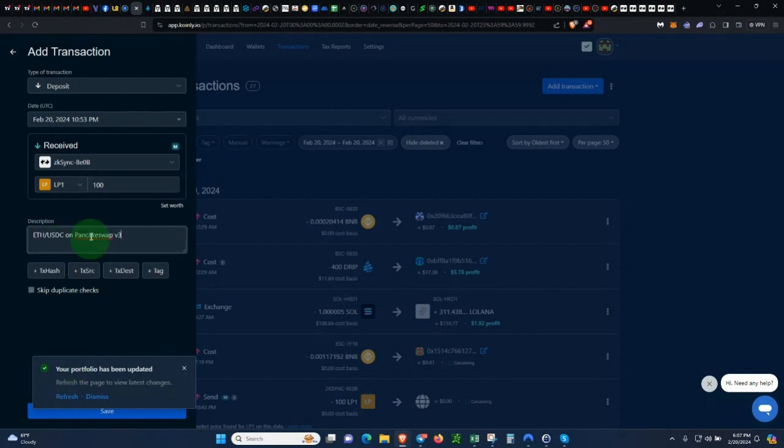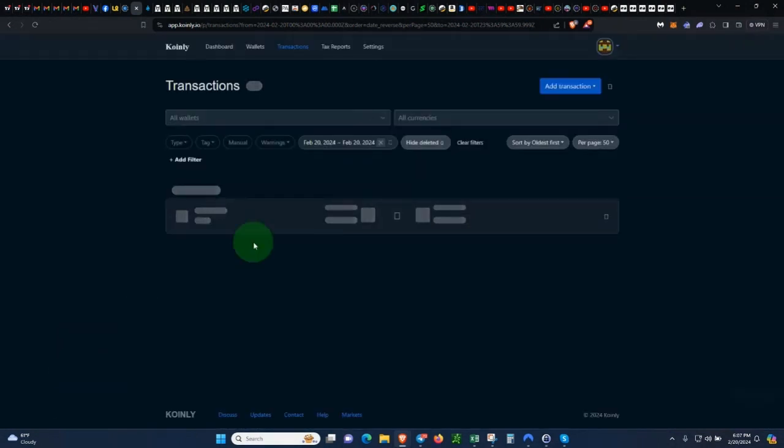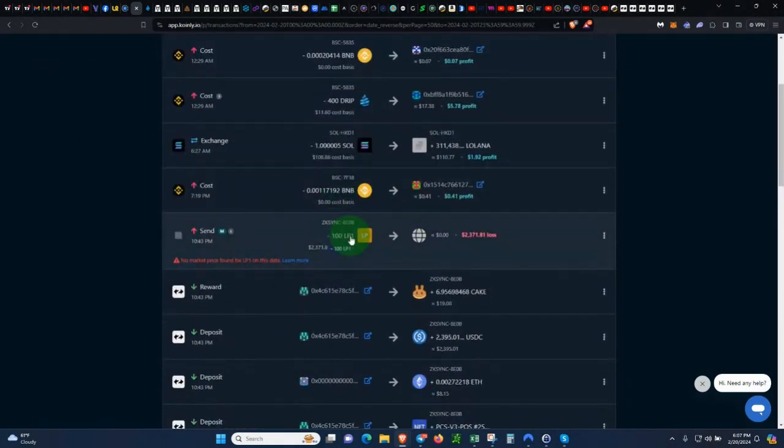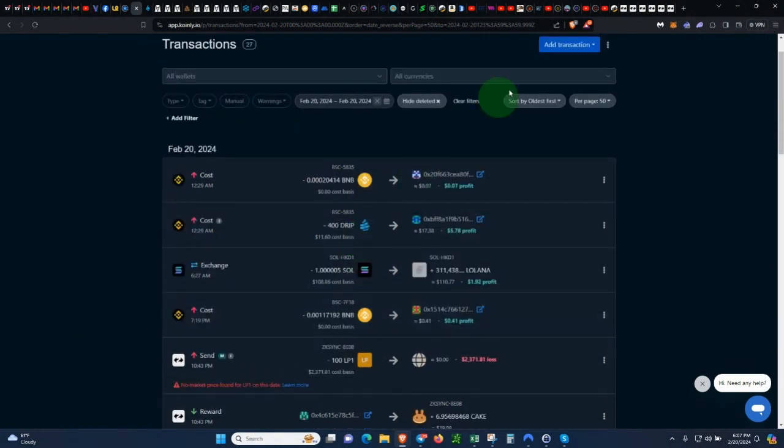Actually, this is 10:53 p.m. I'm just going to go ahead and refresh this before I add that transaction. You can see I've added the withdrawal of those fake LP tokens. That was when I removed the liquidity.